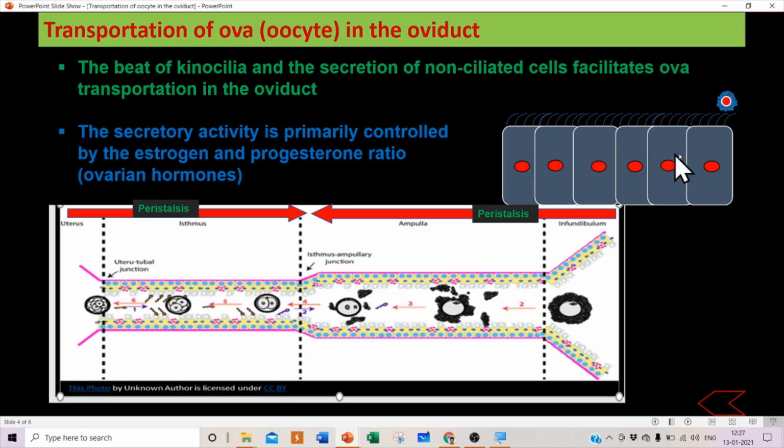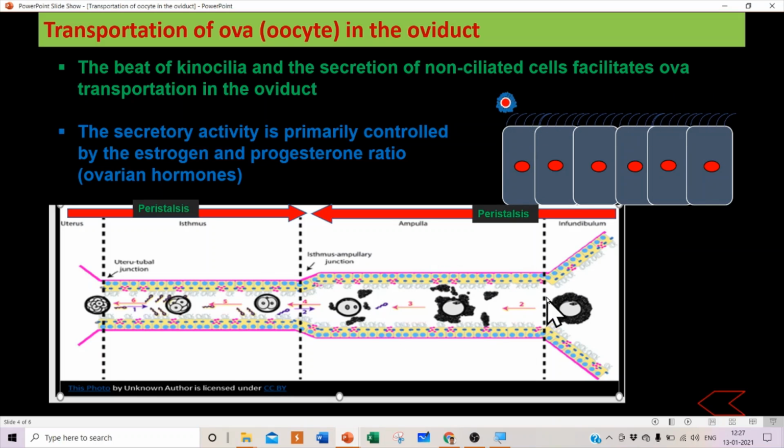These are the lining cells of the oviduct. Some of the cells have cilia, and some cells don't. The non-ciliated cells secrete fluid, and the ciliated cells, by the beating of the cilia, facilitate the movement of the oocyte in the oviduct.